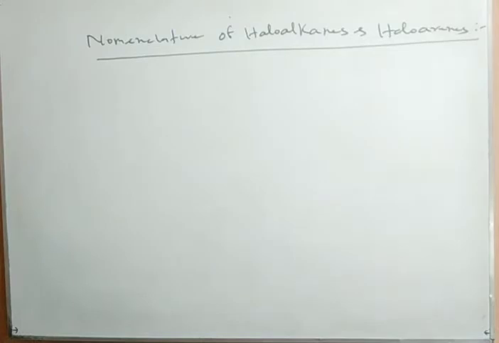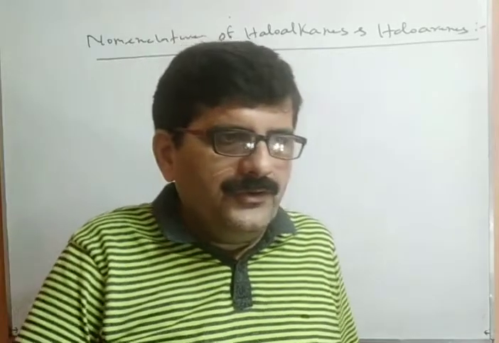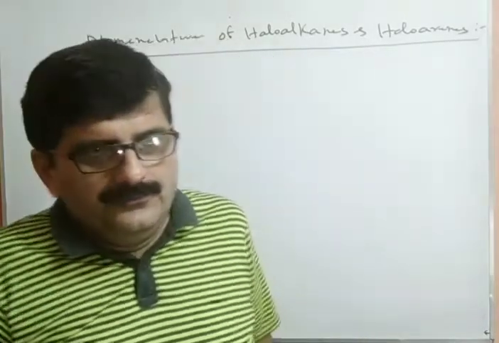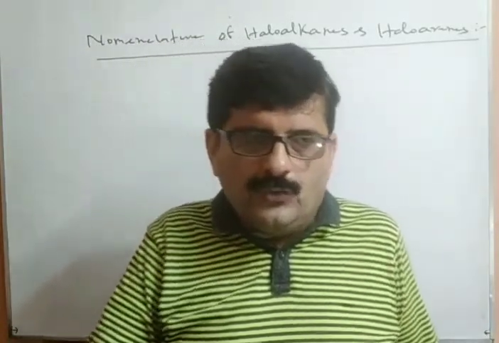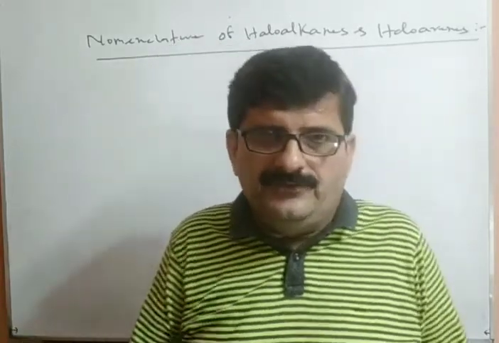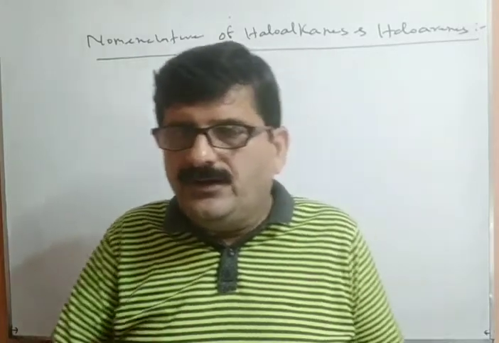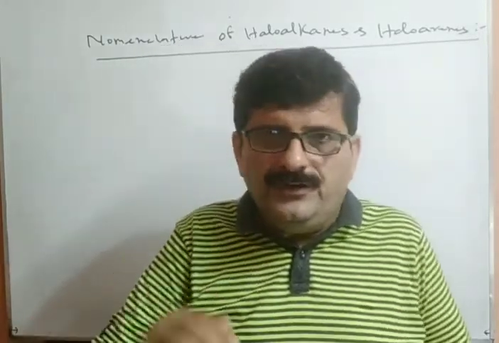There are two names associated with every compound. The first name is called common name, or you can say trivial name, and the second one is called IUPAC name, that is nomenclature according to the International Union of Pure and Applied Chemistry.